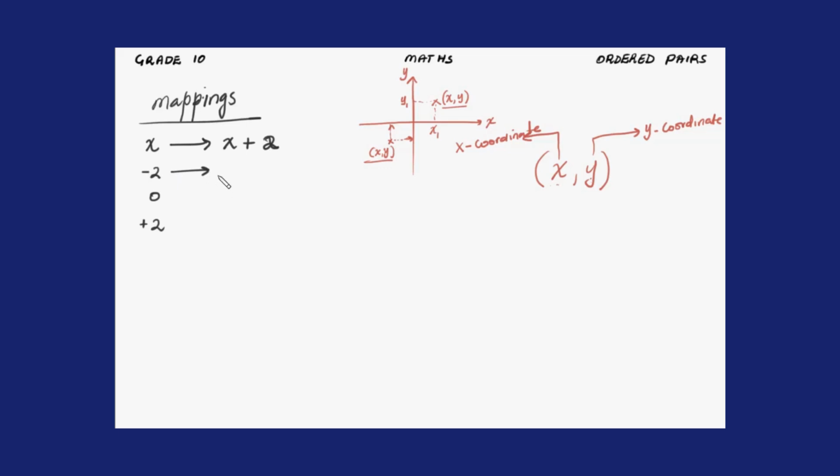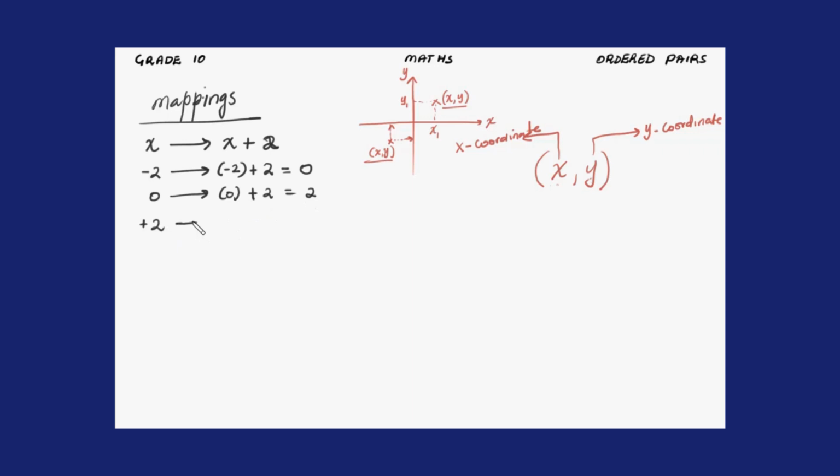We are going to substitute. For x plus 2, we are going to substitute minus 2, which is this x here, plus 2, which is this one. And our answer is going to be 0. Minus 2 plus 2 is 0. Here, we are going to substitute 0, which is the x here, and we are going to say plus 2, and our answer is going to be 2.